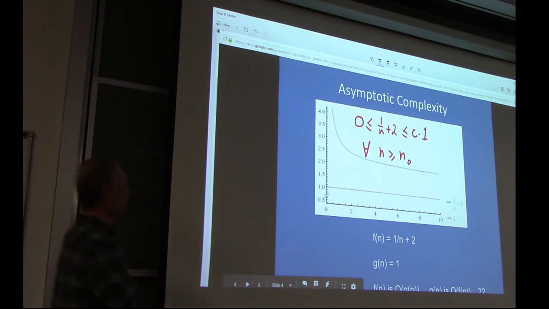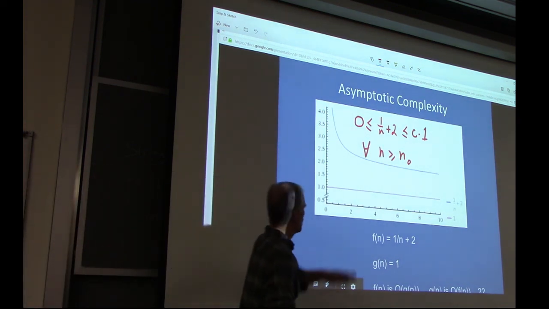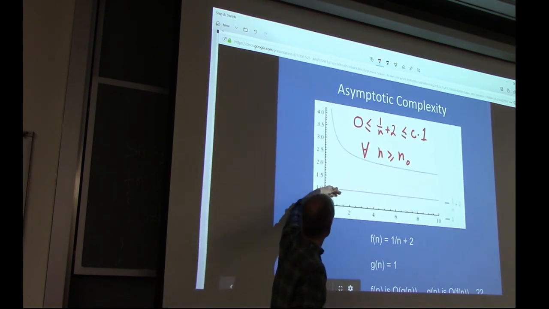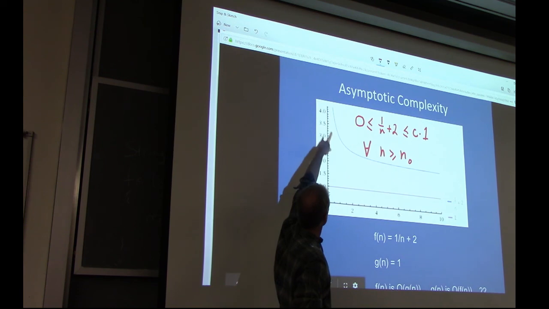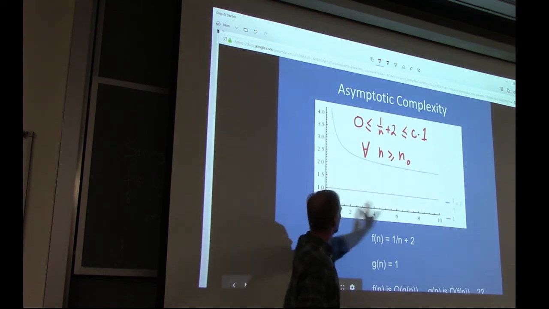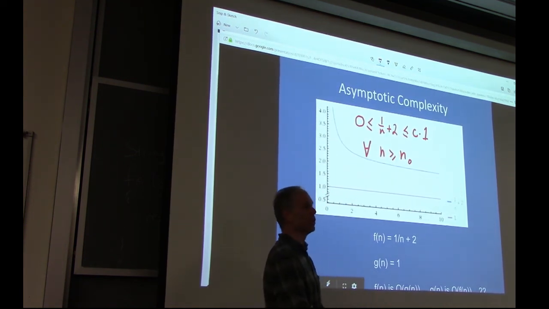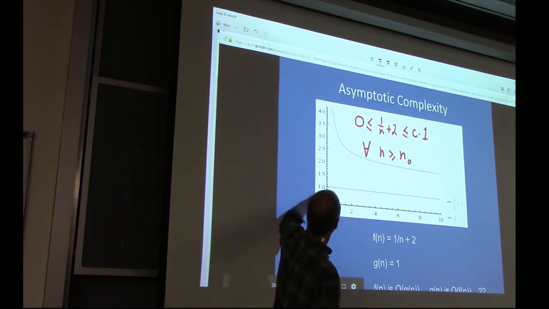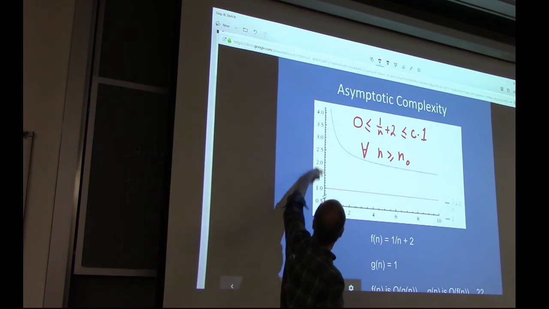Okay, let's let n naught be 0. Is there any constant we could multiply this by that would make this line be above the blue line for everything greater than or equal to 0? Multiplied by 3. Well, but 3, okay, multiply by 3 we get up to here.